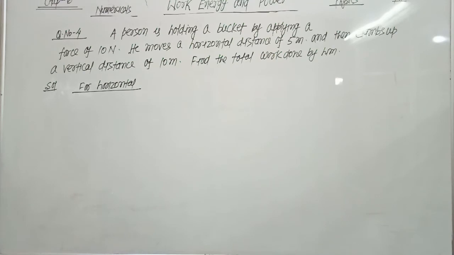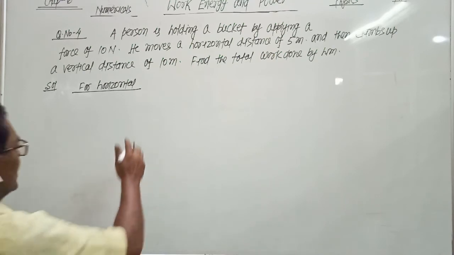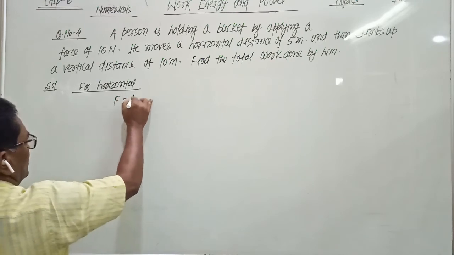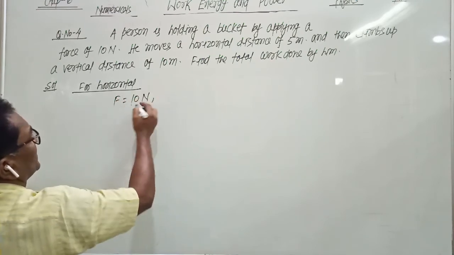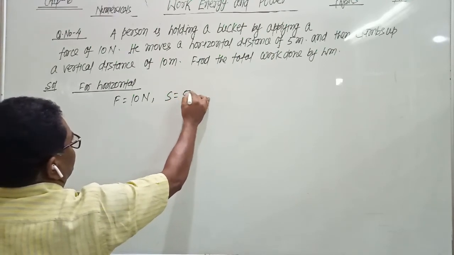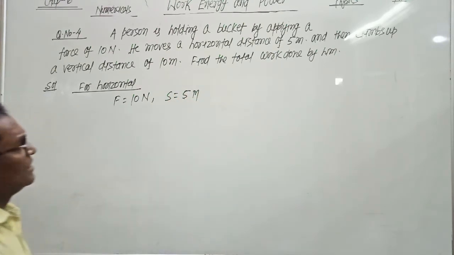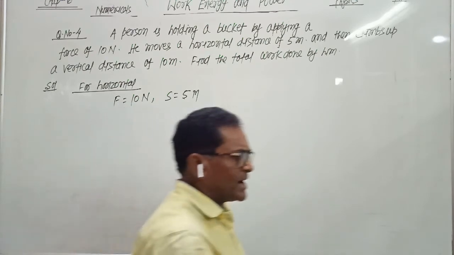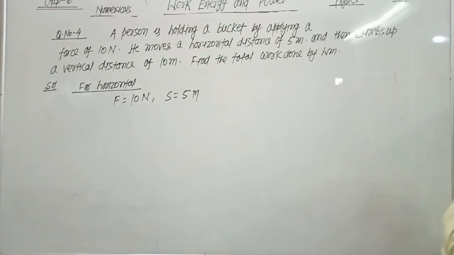So for horizontal, we have given force F equals 10 Newton. The displacement S is 5 meters. And the person is holding a bucket, so force acts in upward direction and the displacement is in horizontal direction.